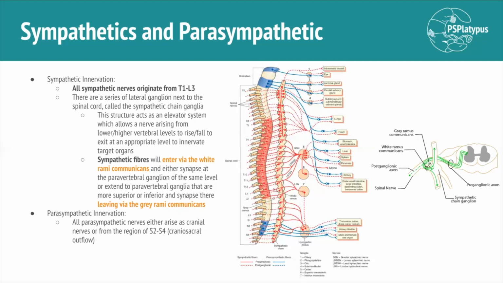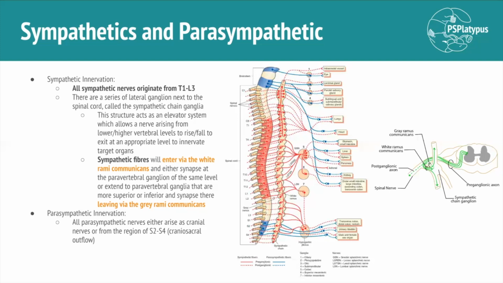And from here, they either split, either going up or down to higher or lower levels of paravertebral ganglia, where they then synapse, forming our postsynaptic nerve fibers that then travel through our gray rami communicantes and then onto our organs to affect them.